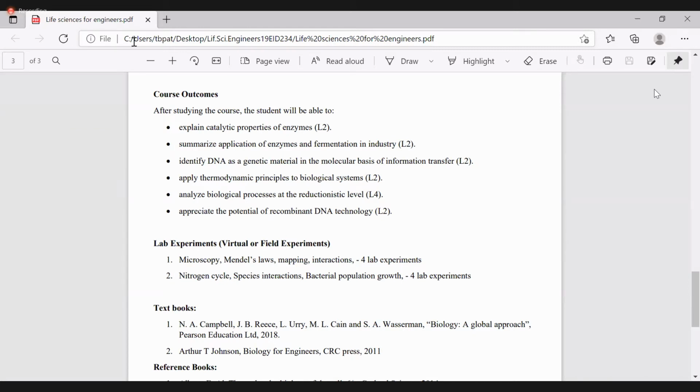Yeah, the nitrogen cycle. Before the nitrogen cycle, you know about our water cycle and carbon cycle. The simplest cycle is the water cycle. The natural rain droplets, clouds, generation of the clouds.